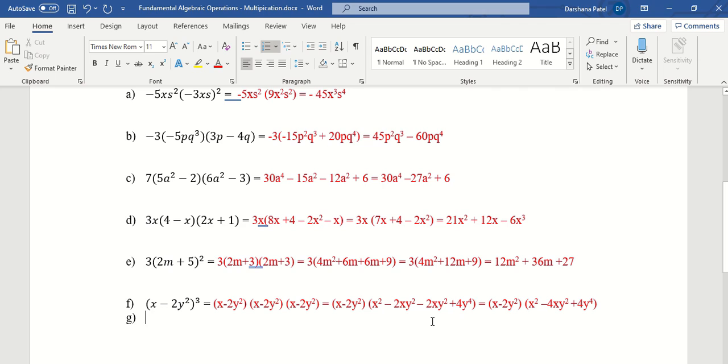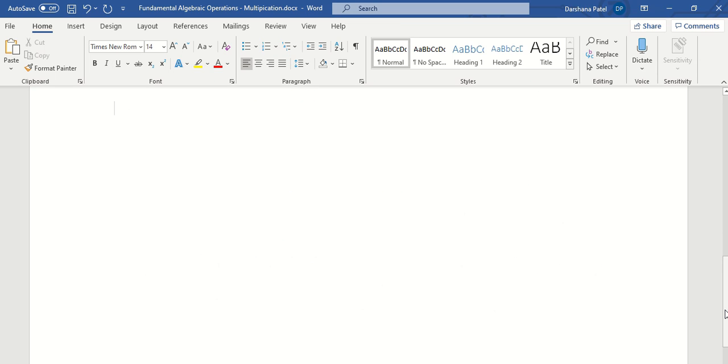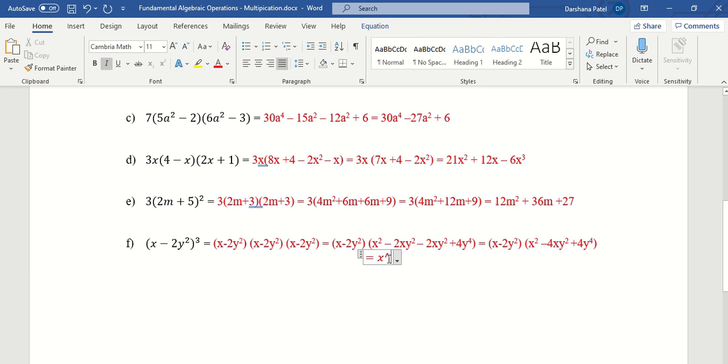And then simplifying this further now, multiplying these ones inside the bracket, we will get x times x square will give us x cubed. x times minus 4xy square will give us minus 4x square y square.